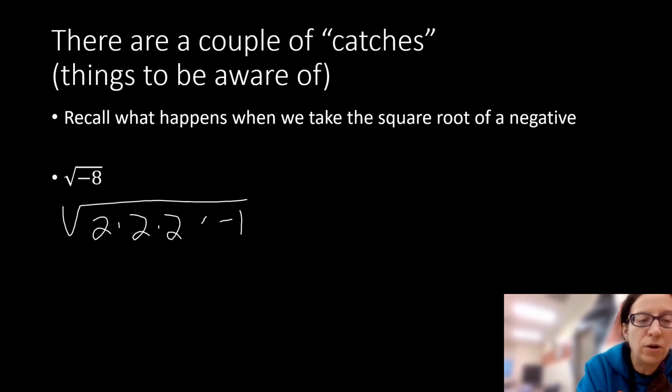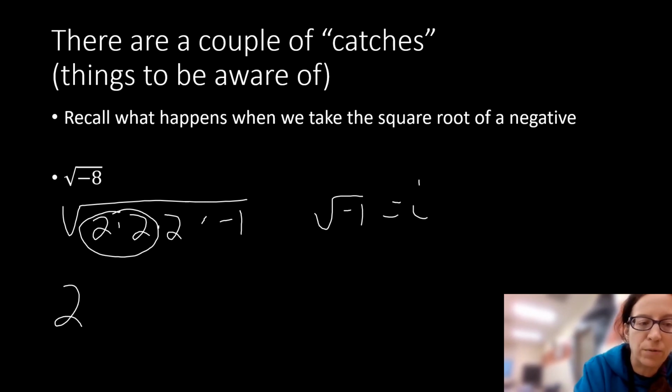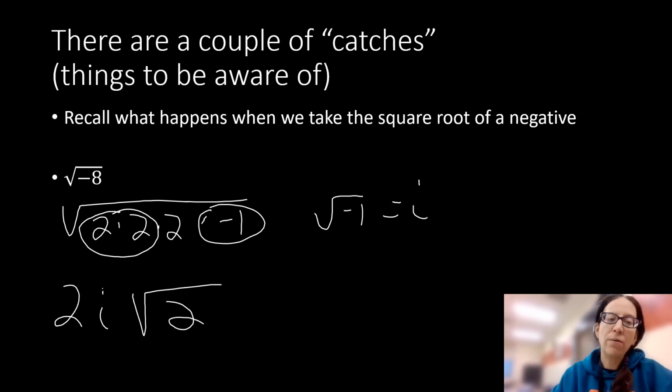Now, we could be looking for groups of 2, which is fine. So we would have 2, but also remember that that square root of negative 1 is going to be equal to an i. And so that's going to be able to come out with the square root, and then we're left with a 2. So the square root of negative 8 simplifies into 2i root 2.